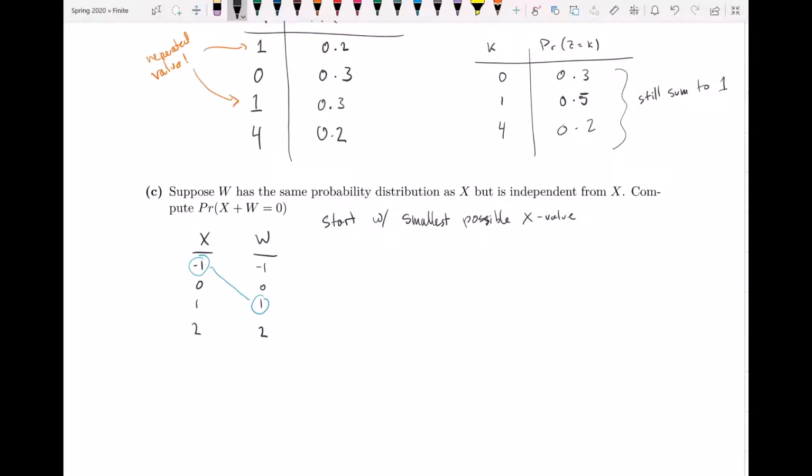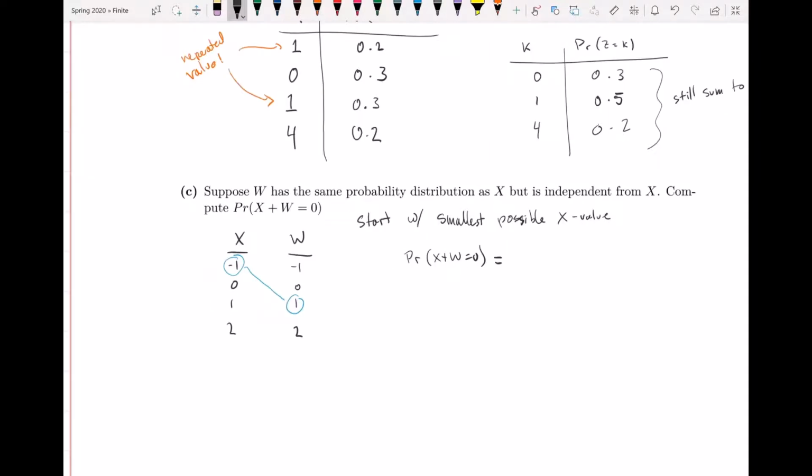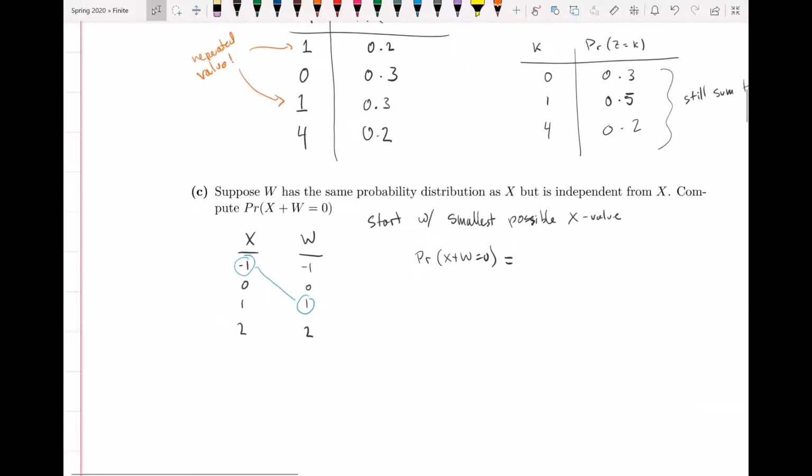So we have the probability that x plus w equals 0. One way this can happen is if x is -1 and w is 1, and they're independent, so the probability of that happening is just the product: the probability x equals -1 times the probability of w equaling 1.